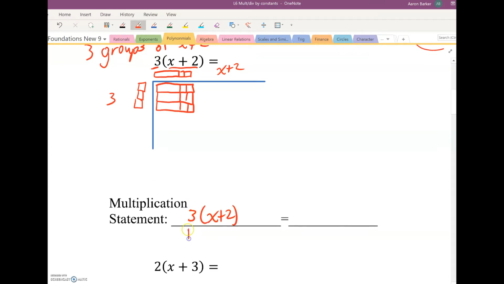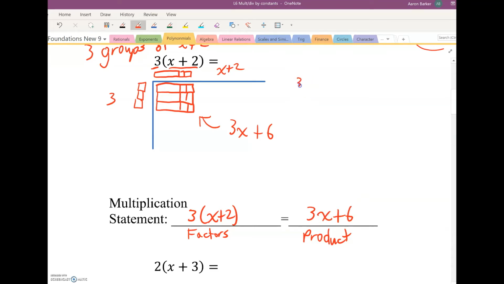Again, these are your factors, and that equals the product. What is created when I multiply 3 times x plus 2? Well, there's 3 x's, and then there's plus 6. So this is your product, 3x plus 6.